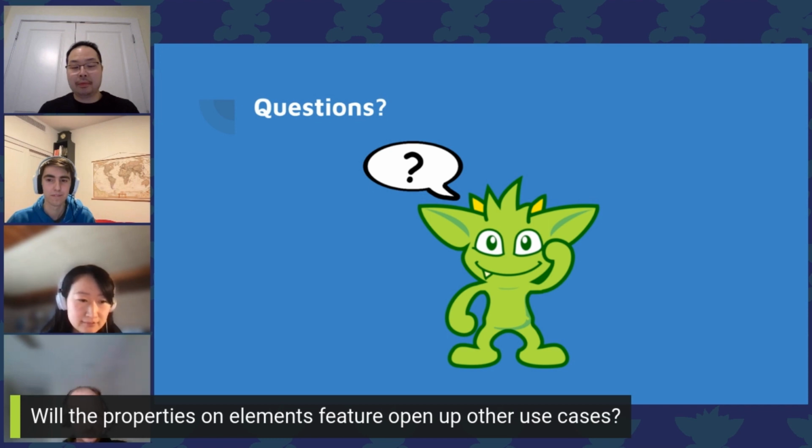Also, it opens up some use cases for GLVs related to graphs and trees. One more option is export-related stuff. You can easily export part of a graph with properties on elements.